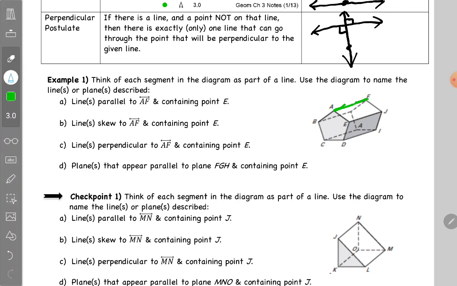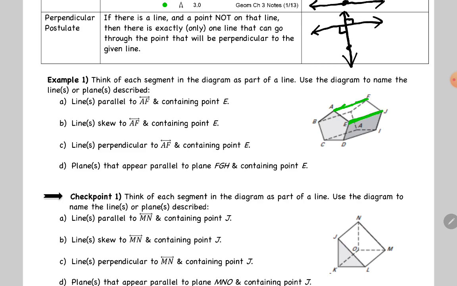They want lines parallel to AF, that means they do not intersect, and containing point E. So JE would work.